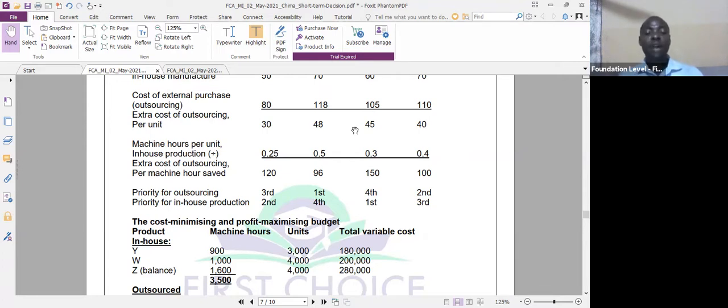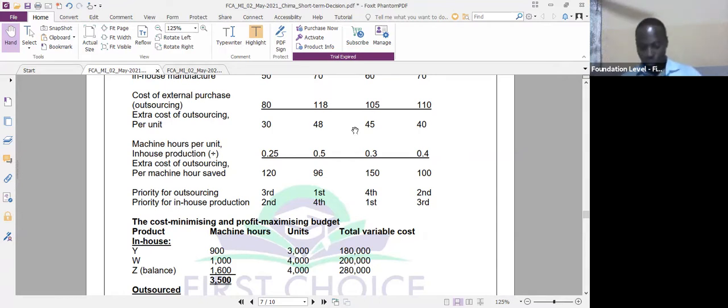Now you also rank for making it in-house. And I told you that for making it in-house, you have to look for the highest one and start doing it. Do not outsource the higher one, you outsource the lower cost per hour that you are going to incur.